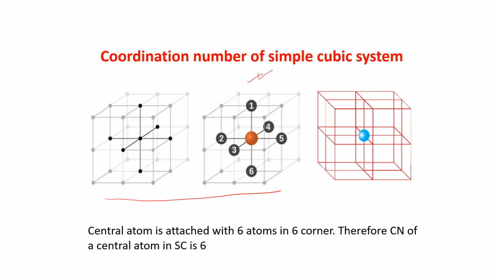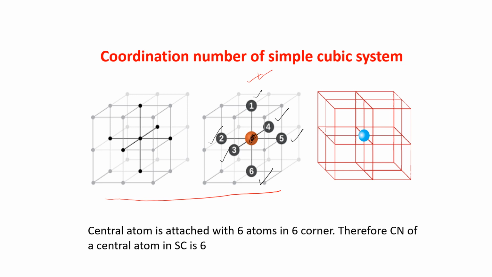This central atom is attached by 6 atoms in 6 corners: 1, 2, 3, 4, 5 and 6.